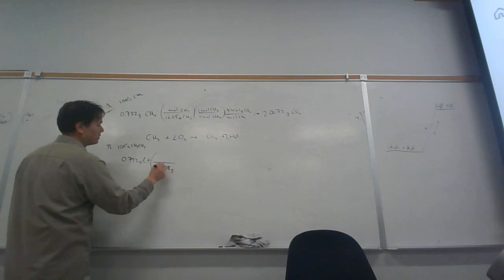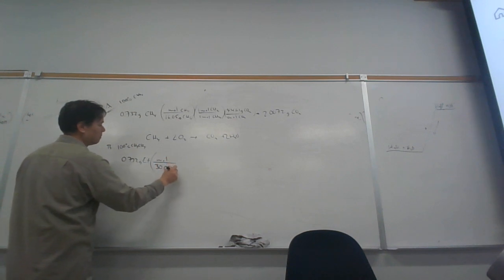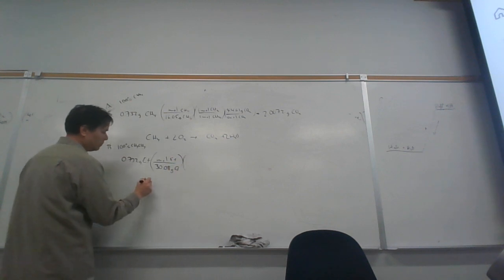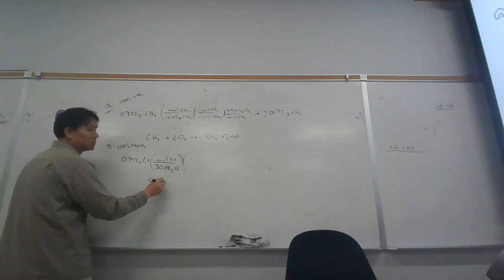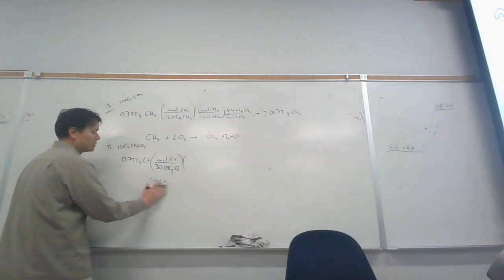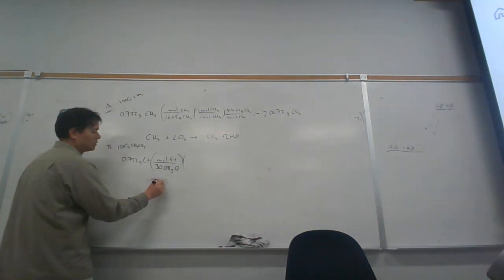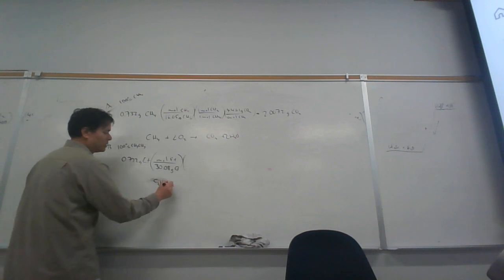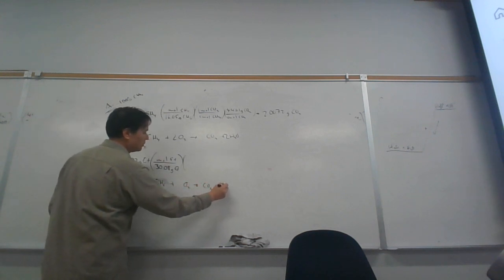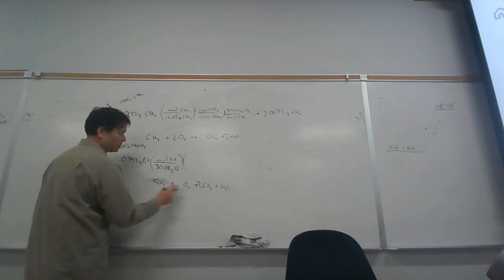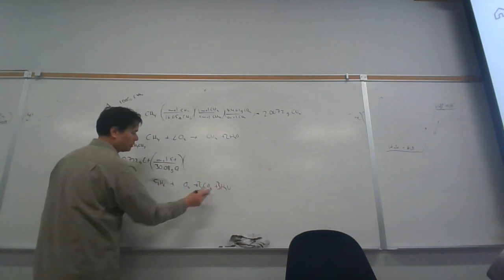30.08 grams per mole. And then you got the balanced chemical equation? This is C2H6. C2H6 plus O2 yields CO2 plus H2O. We got 2 carbons, 2 CO2s, 6 hydrogens, 3 waters.